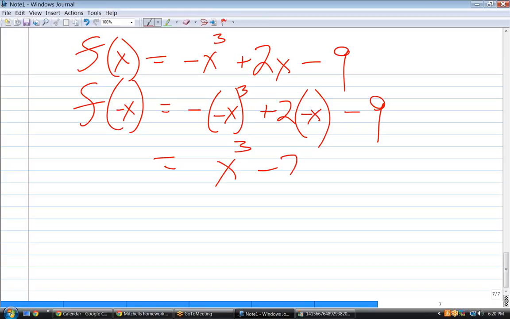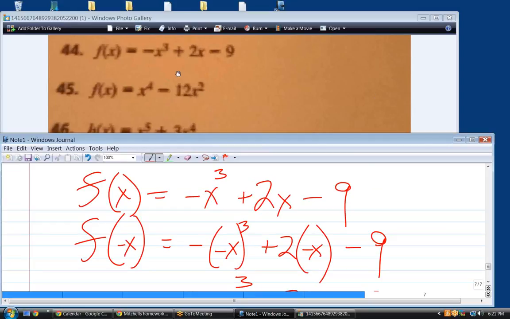Minus 2x minus 9. Aha. I was wrong. So would that be neither? Yes. And, well, what the heck's going on here? How come? Just a second.